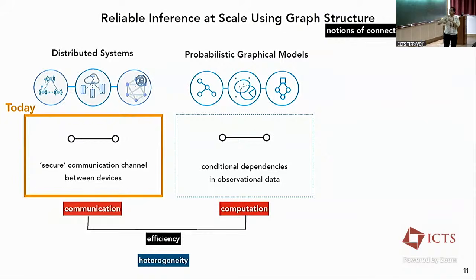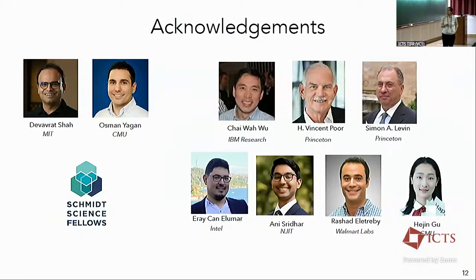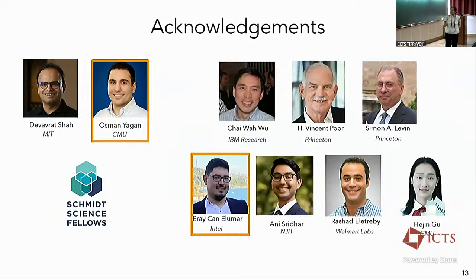There's also a notion of computation as efficiency, which is how much computing you need to expend to learn. And throughout, I'll also allude a little bit to various modes of heterogeneity that come up in these contexts. I would like to acknowledge all of my collaborators. For today's talk, most of the work is in collaboration with Osman and Jan.